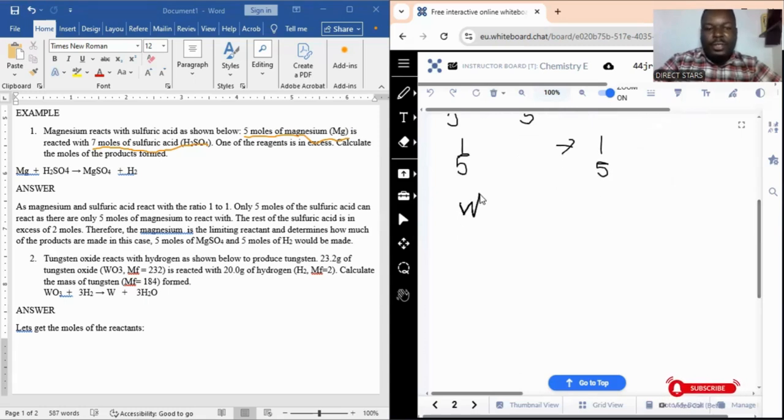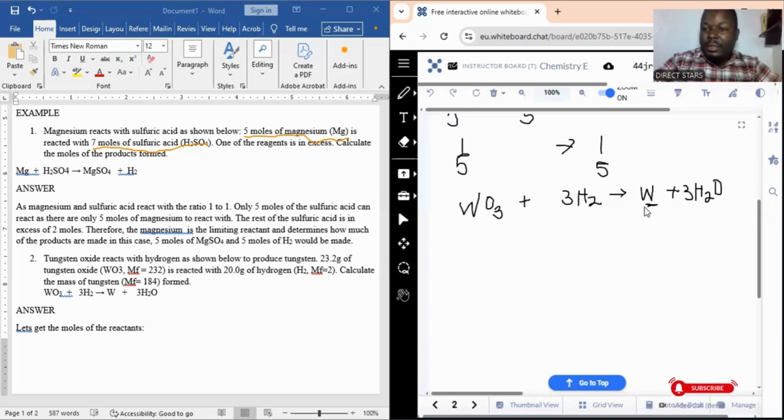So we have our tungsten oxide plus 3 moles of hydrogen to give tungsten and water. Now we want to know the mass of tungsten formed.